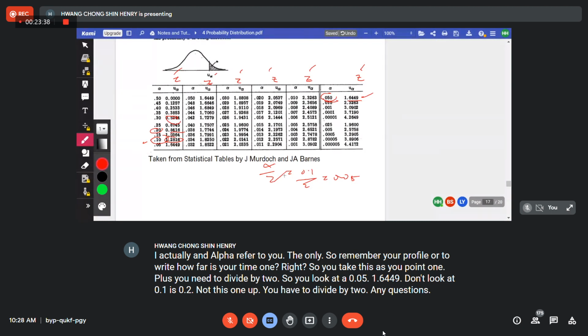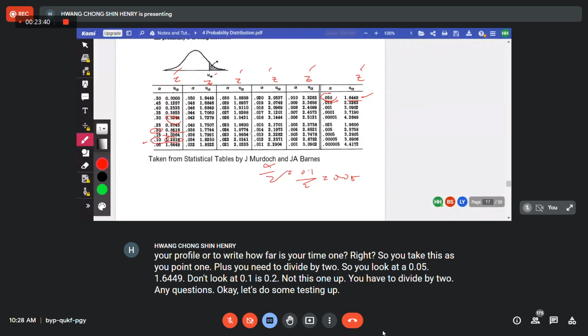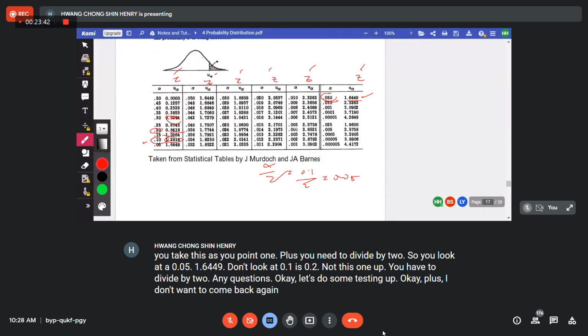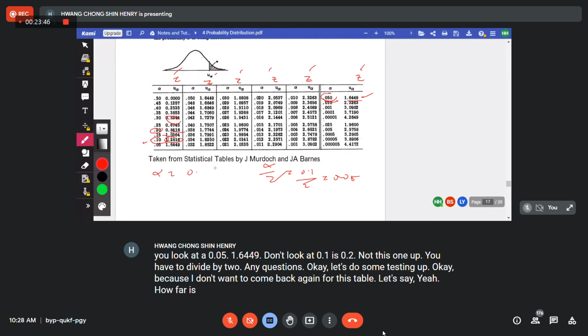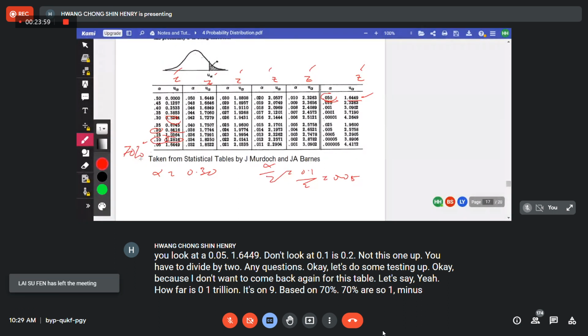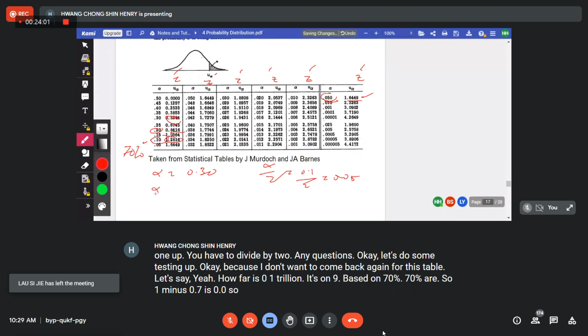Any questions? Okay, let's do some testing now, because I don't want to come back again for this table. Let's say based on 70% now. So 1 minus 0.7 is 0.3. So alpha over 2 means what? 0.3 divided by 2, 0.15. So you have to look at 0.15.